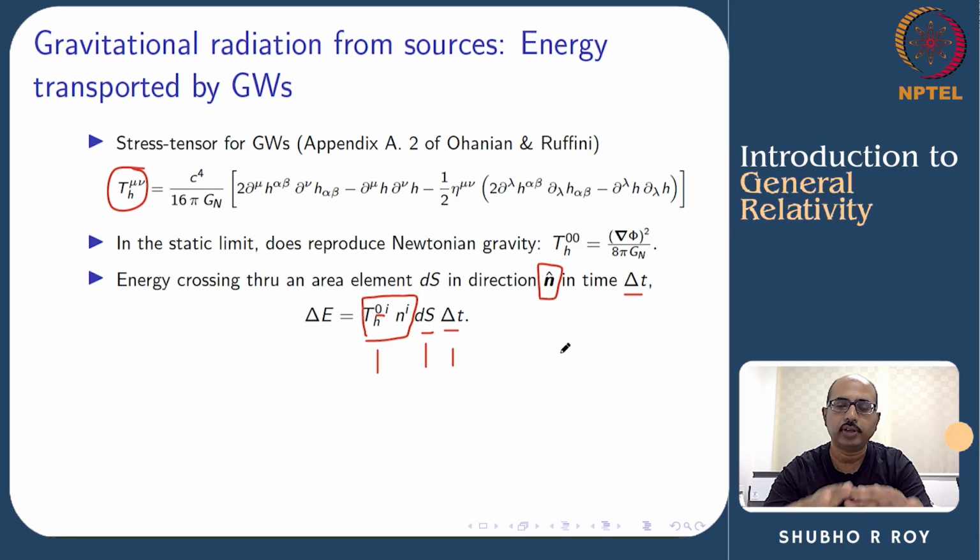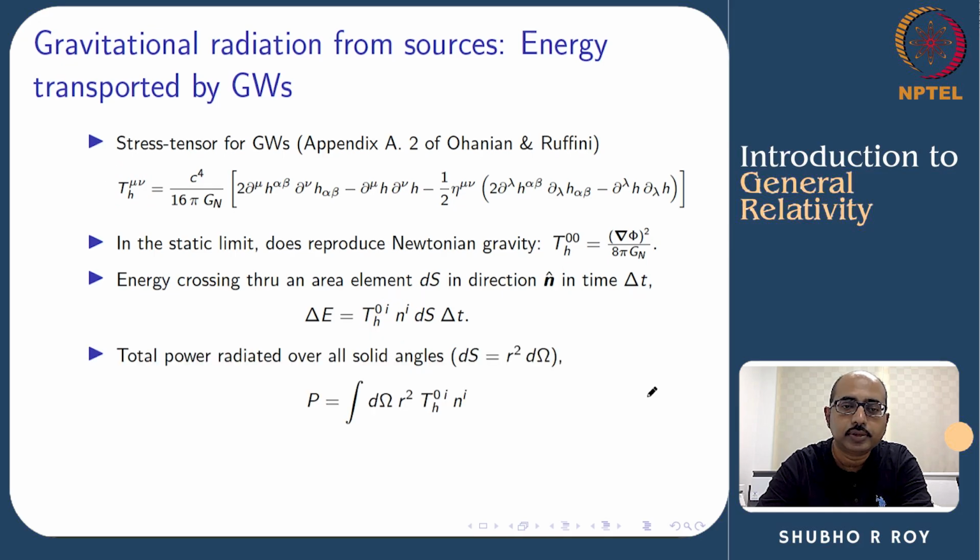Now we can ask, given a localized source, what is the total energy transported over all solid angles? So the total power radiated. So we will divide both sides by delta T to get the power, and then integrate it over all solid angles.